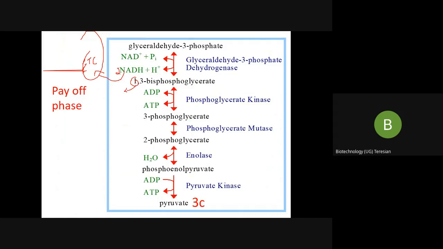This phosphate which has been removed binds to the ADP and it gets converted to ATP. So how many ATP are formed? 2 ATP are formed because I told you the step is occurring twice here. So 2 ATP molecules are formed.